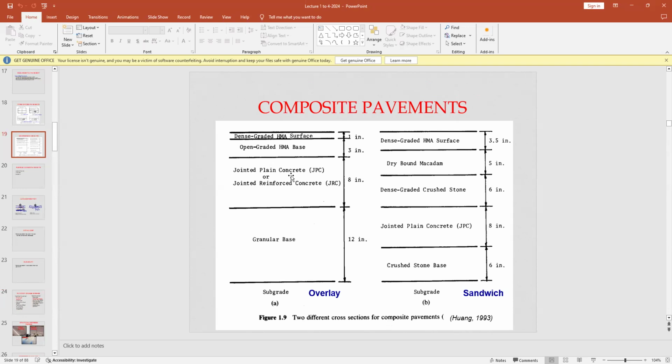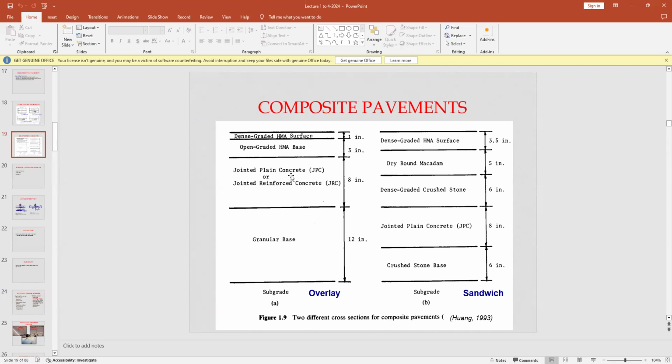Actually, most of the time, like sometimes in airport pavement, we have this concrete pavement, and on the concrete pavement, we do surfacing of an asphalt pavement. So this is what we call a composite pavement. This type of pavement consists of both concrete pavement and asphalt pavement.